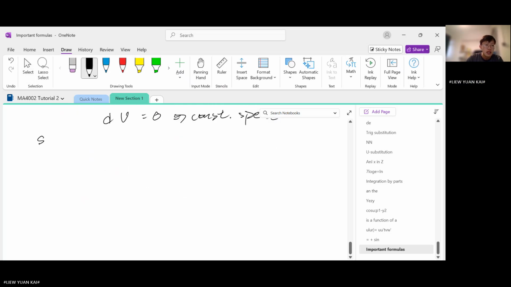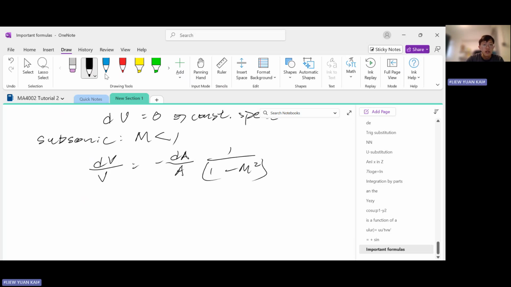So let's look at what happens to this equation when it is subsonic, in other words, when Mach number is less than 1. Let me pull out that equation again. Remember this equation? Now, let's take a look at what happens when Mach number is less than 1.